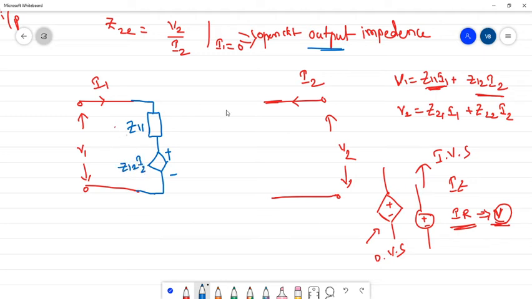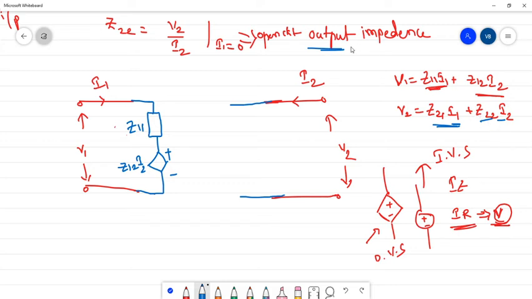Okay, in a similar manner we should draw the output side by the second equation. By the second equation, V2 is equal to Z21 I1. I1 is the current at the input port, so we should replace this Z21 I1 with a voltage source. And the second parameter you observe, Z22 I2. The I2 current is here only. Z22 is an impedance we are going to replace.